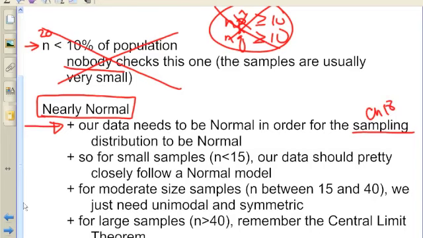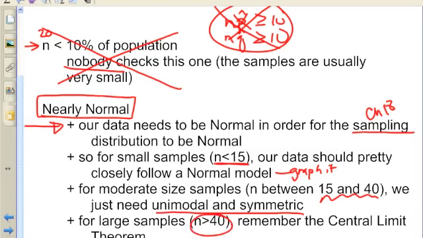If you have a really small sample, like 15 or less-ish, the data really should look like a normal model when you graph it. If you have something moderate sized, it doesn't need to be perfectly normal. We're just going for unimodal, symmetric, normal-ish.